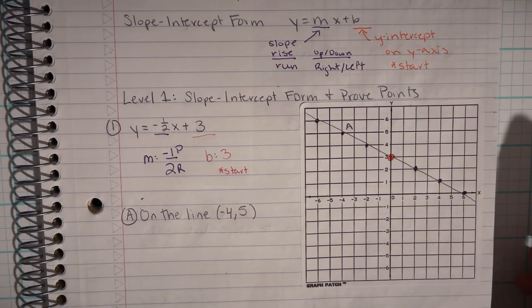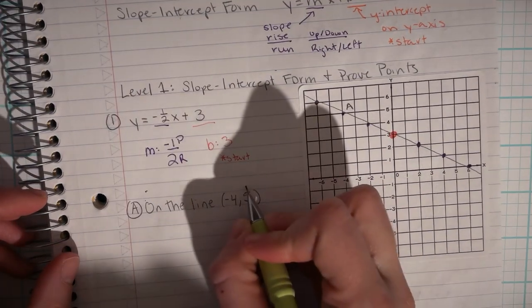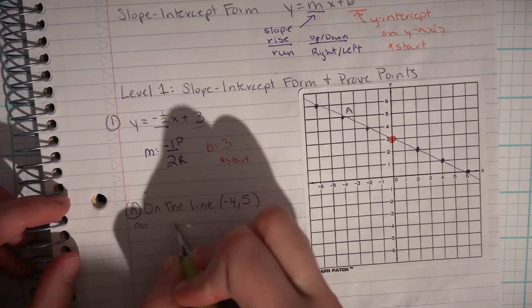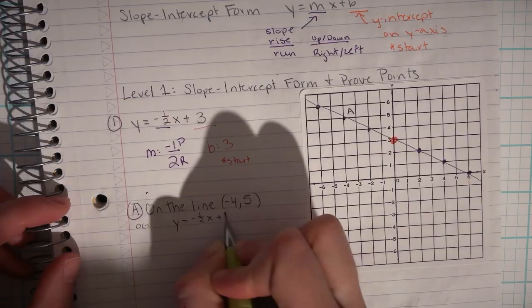Now what we're going to do is prove if it's true or not. We're going to rewrite the original equation, which was y equals negative 1/2 x plus 3.